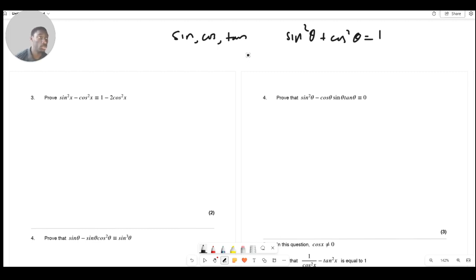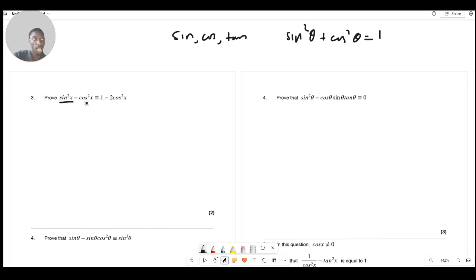So now we are told to prove that sine squared x minus cos squared x is equal to 1 minus 2 cos squared x. Now, the way I like to solve this question is I like to look at what I have on both sides and see if there is a term that is on one side that is not on the other. So, for example, I have sine squared x. So I have a sine term on the left-hand side, but on the right-hand side, I don't have a sine term.